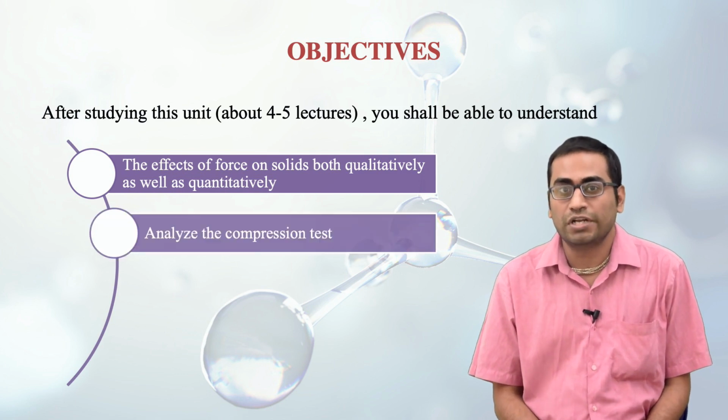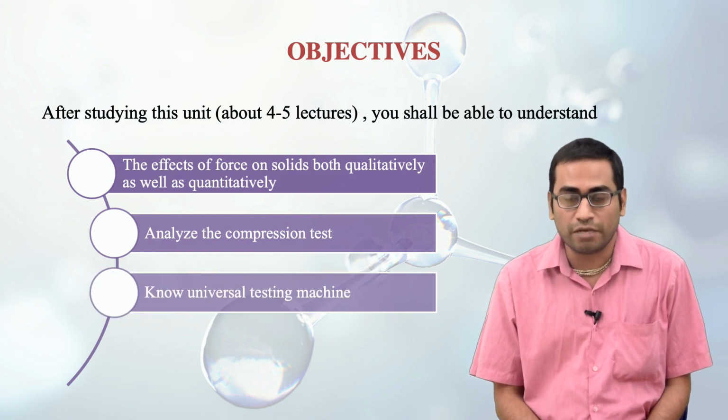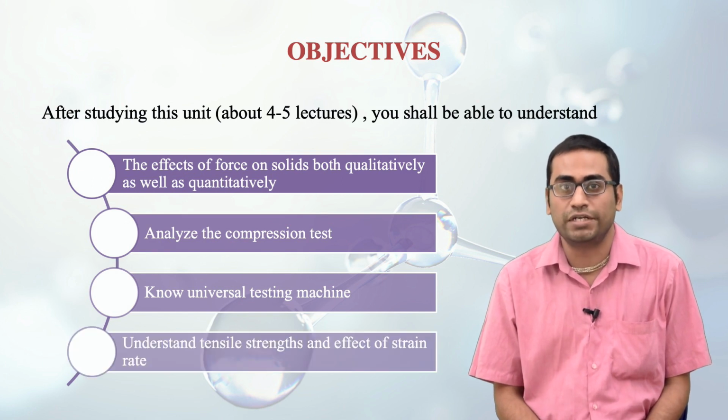Then you will be able to analyze the compression test, know about the universal testing machine, and understand tensile strengths and the effect of strain rate. But in this particular module you will be knowing only up to the tension test, simple tension test, and a certain number of properties.